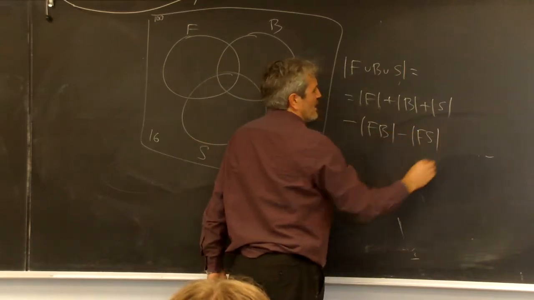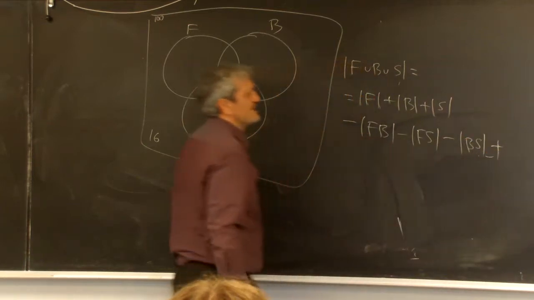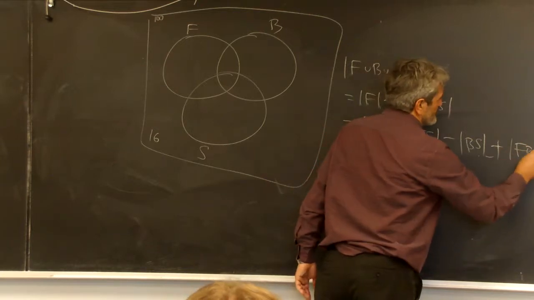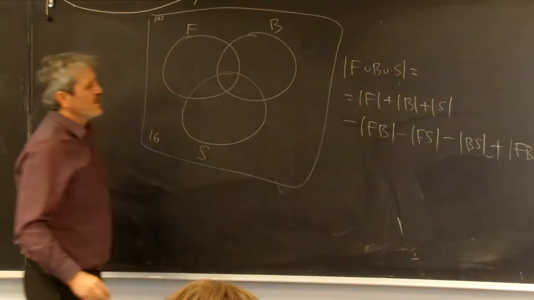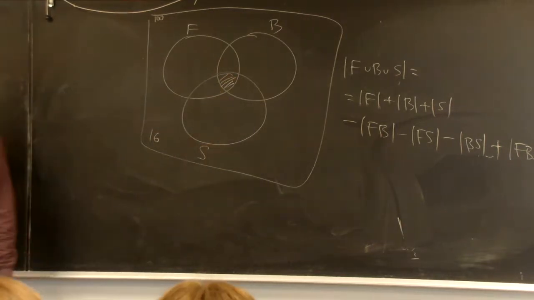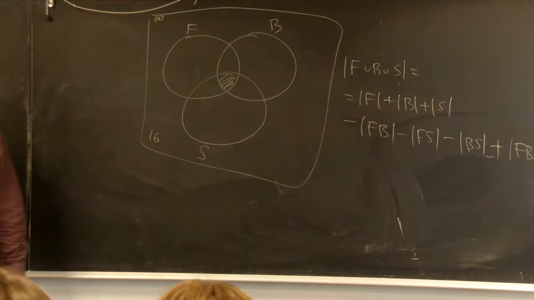Minus FS minus BS and what? Plus FBS. And then what happens? Usually things are most complicated if this one is missing. All three of them overlap. That's the only thing that's missing.